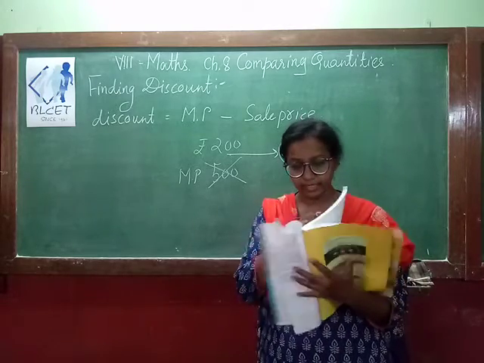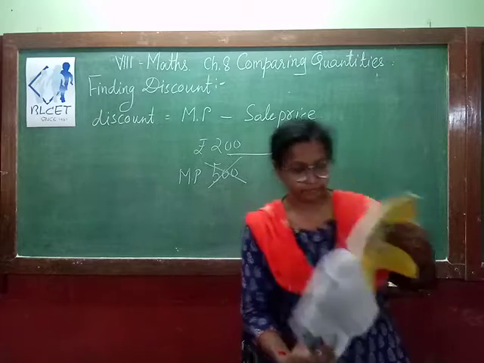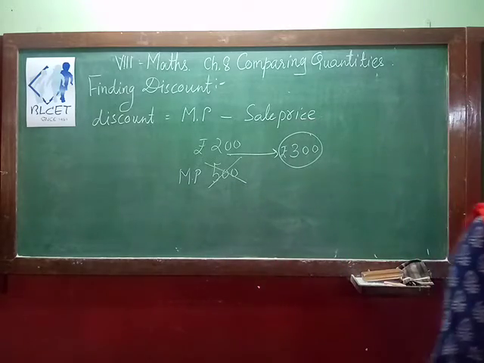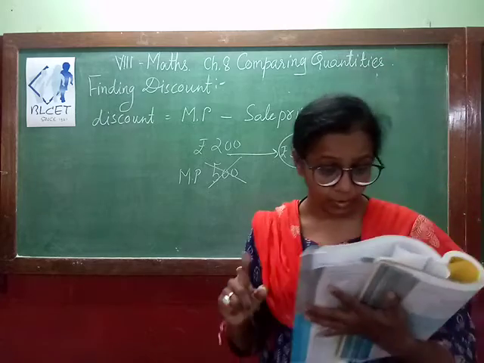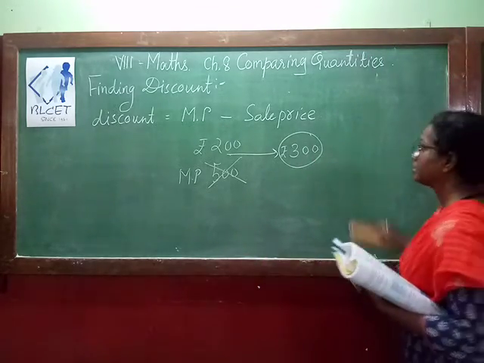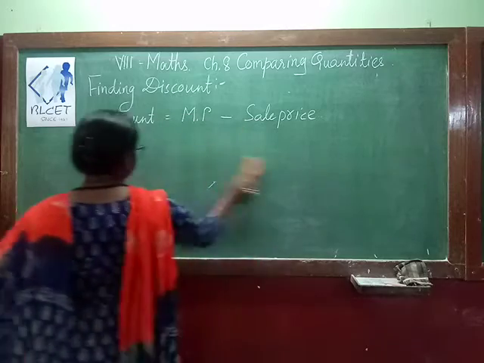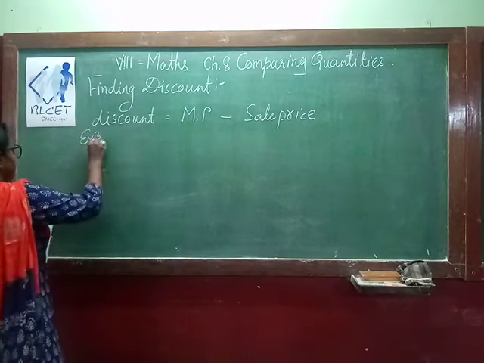Your first example, let's see. Example 3. An item marked at rupees 840 is sold for rupees 740. So example 3, what is given?